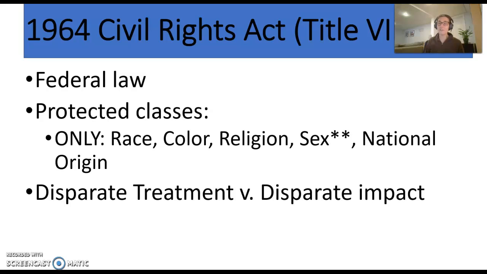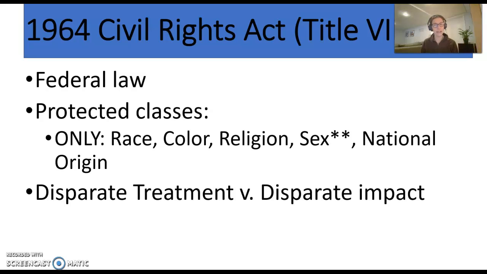Interestingly, Title VII also recognized two different kinds of discrimination. So if you're choosing this for your project, I'd like to hear more about it, both disparate treatment and disparate impact. Disparate treatment is more like identifying and singling out one person based on her religion or her race and saying, I don't want to hire that person because she's Jewish or she's a Muslim.